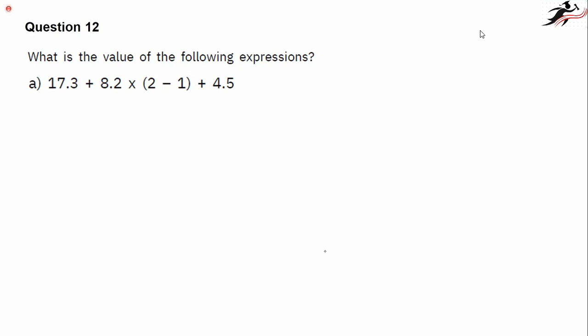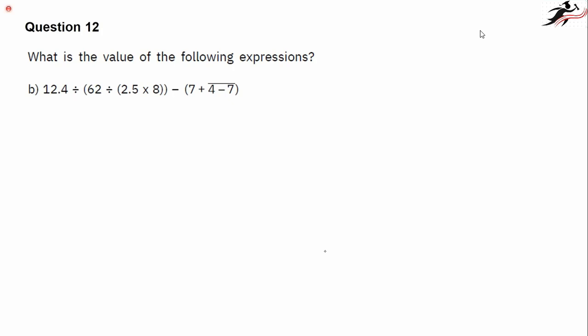So go for bracket 2 minus 1, that is 1. Then multiplication should be the priority. Post which it's addition and addition, so you can do it together. Addition becomes 30. Clear?